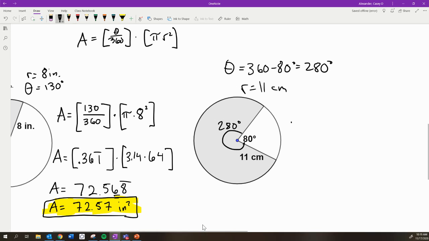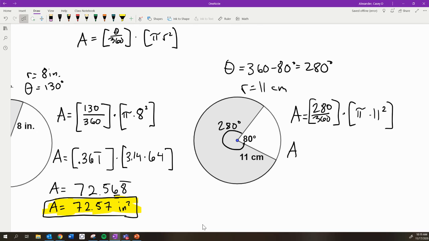So the area is 280 over 360 times pi times 11 squared. Again, I got this 280 because that's this angle that's outside here. And if you plug it into your calculator, I believe you get 0.7 repeating for this part, and then times pi, and times 121, because 11 squared is 121.